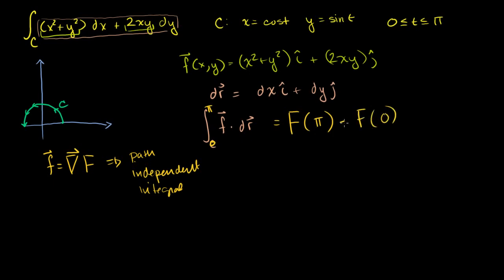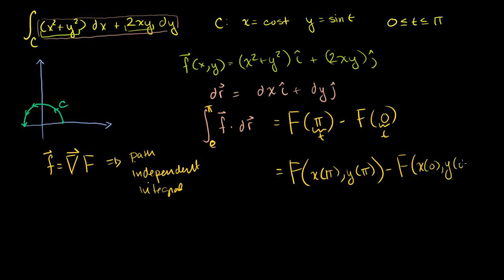Or if we want to write it in terms of x and y, because F is going to be a function of x and y, and these right here are t's, we could also write that this is equal to F of x of pi, y of pi, minus F of x of 0, y of 0. That's what I mean when I say F of pi.